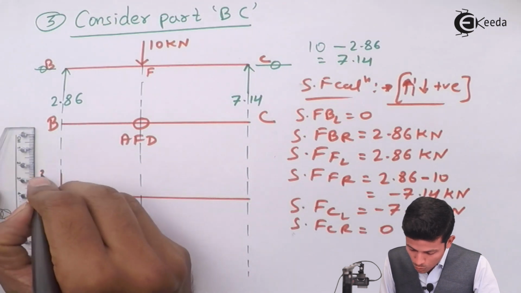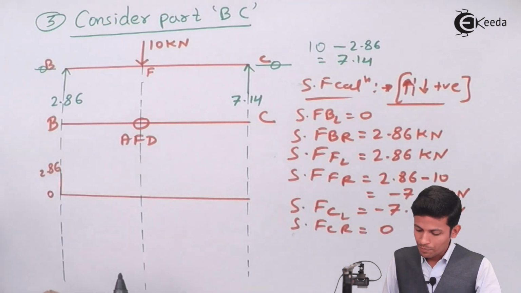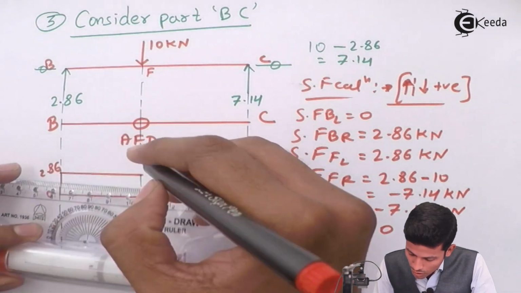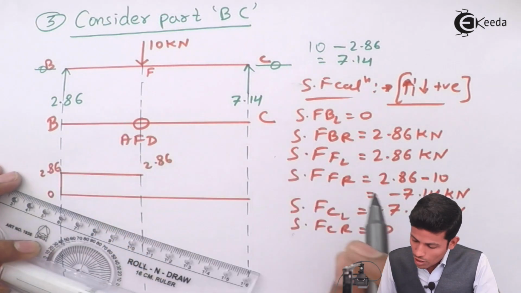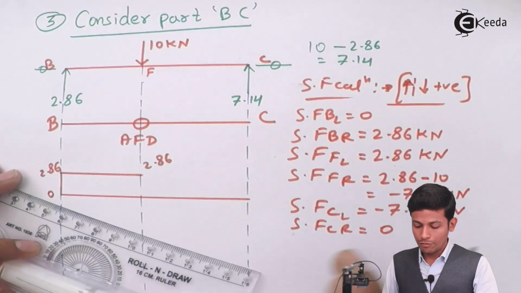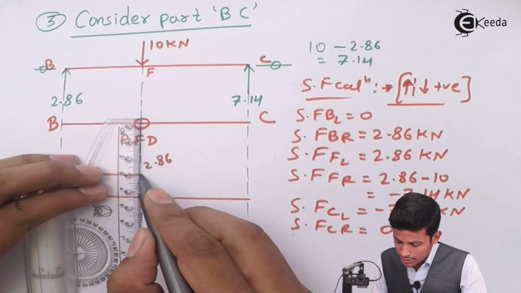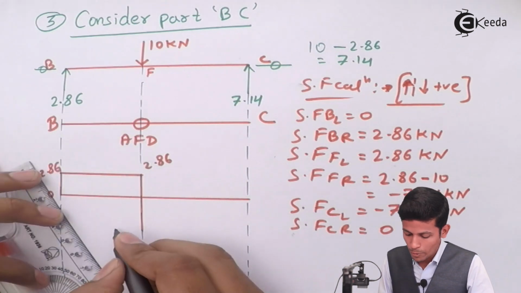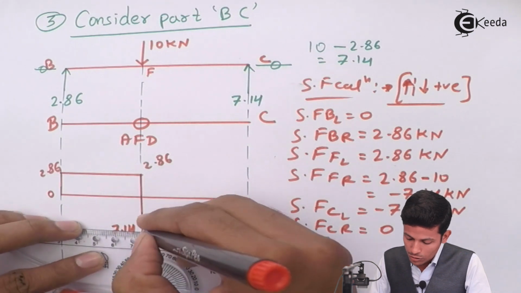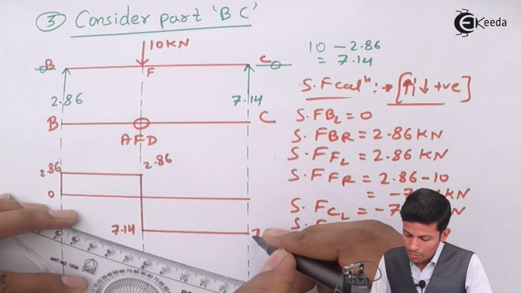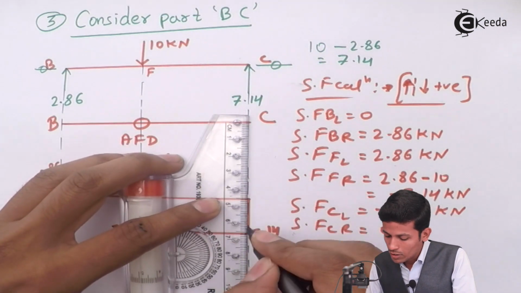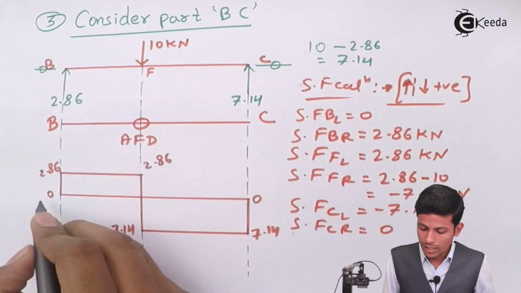It stays 2.86, and after that it goes to minus 7.14. From here till here it is also the same 7.14. Now this value will get 0, so it comes to 0. Okay, we are done with it.